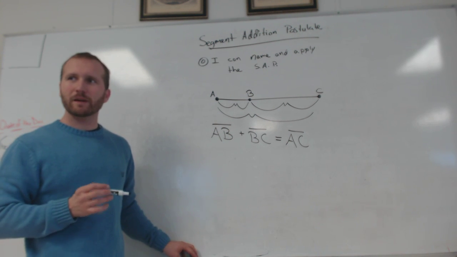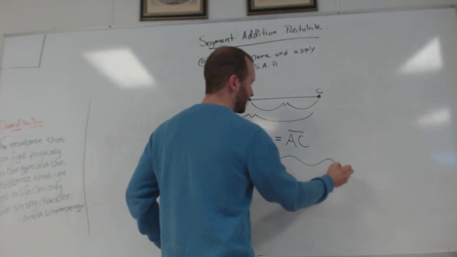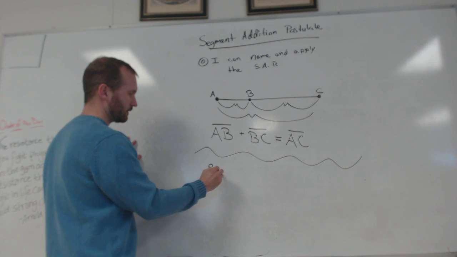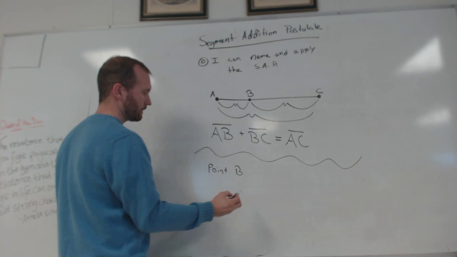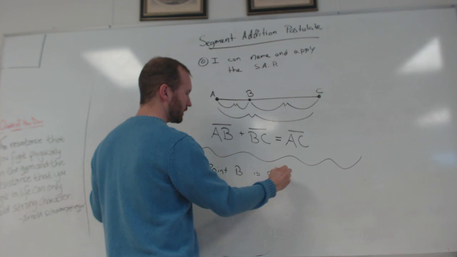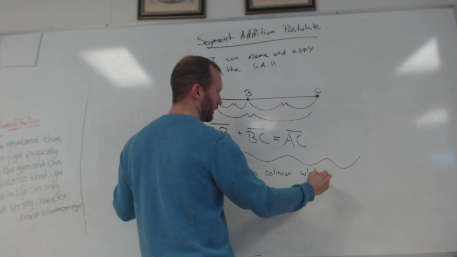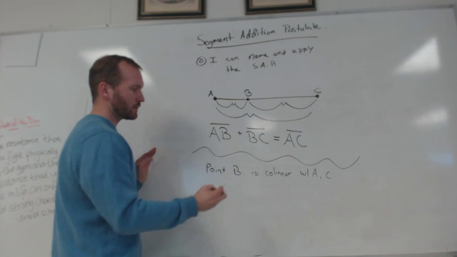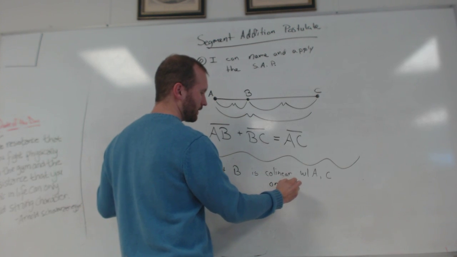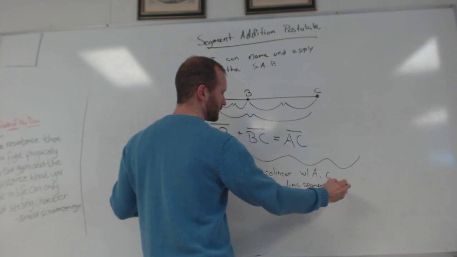And if you pay close attention to the way that I said that, the way this postulate is usually stated is that point B is collinear with A and C. Or sometimes you'll see this said a different way. Point B is on line segment AC.